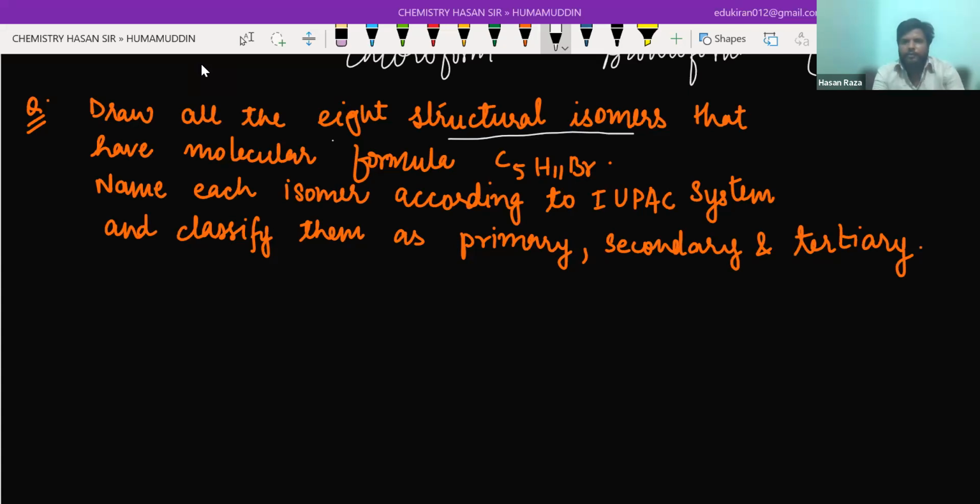Any structure you have drawn? Any one of you? Yes, sir. What is the name? So bromopentane. Okay. How many structures have you drawn till now? 4.